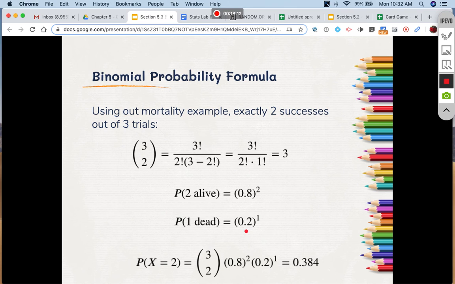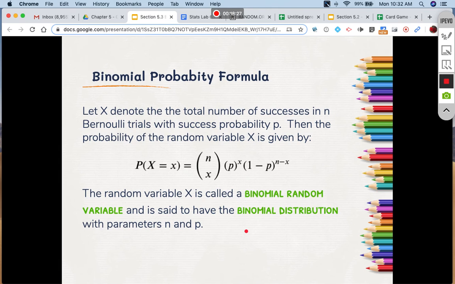This is where those binomial coefficients come into play. We can use those to figure out how many of my outcomes would fit that pattern of successes, that random variable. That gives me the binomial probability formula, and this is what we really need to get out of this.